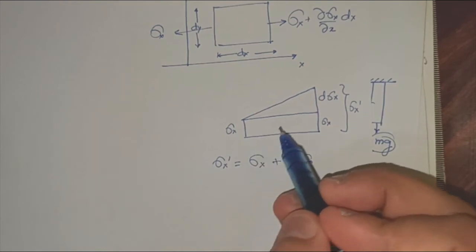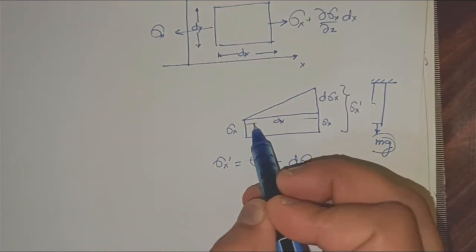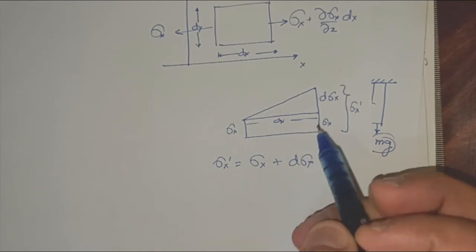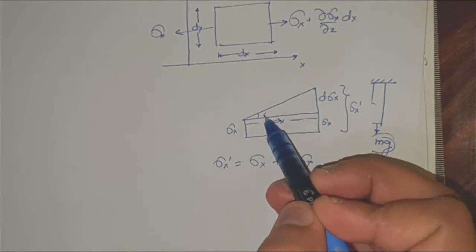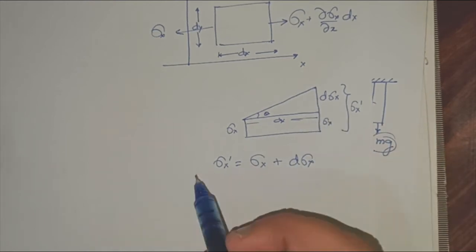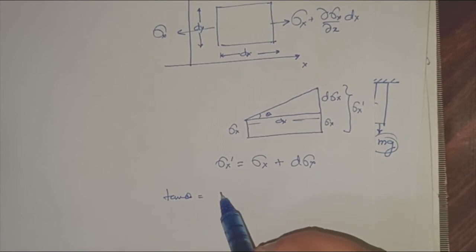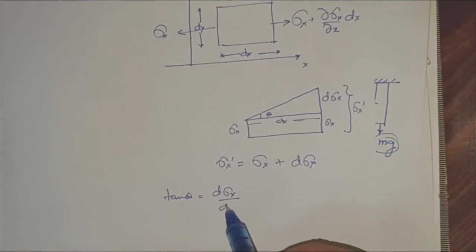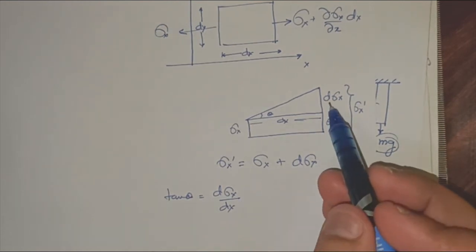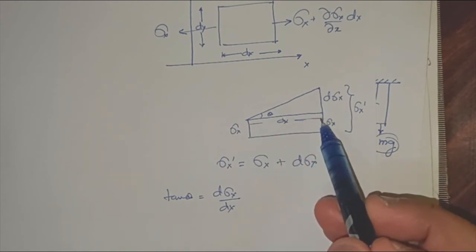Since this distance is dx, if this angle is theta, then tan theta will be d sigma x by dx.